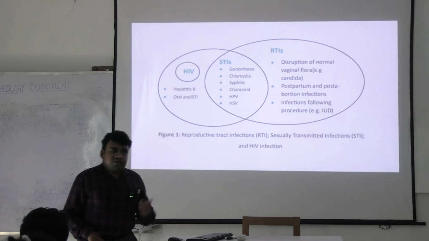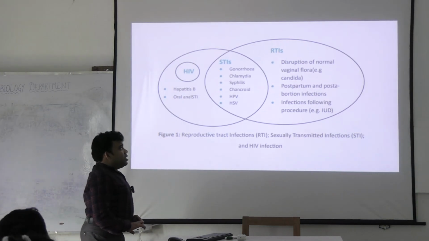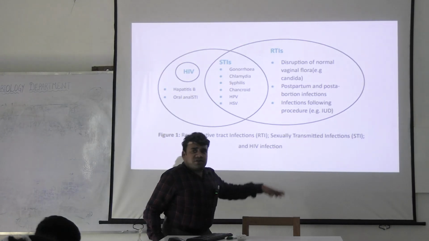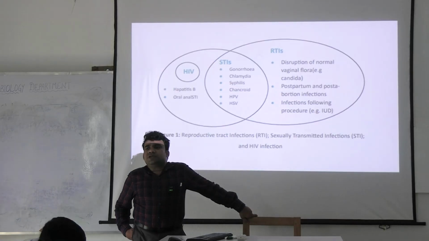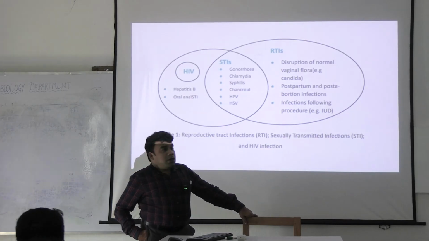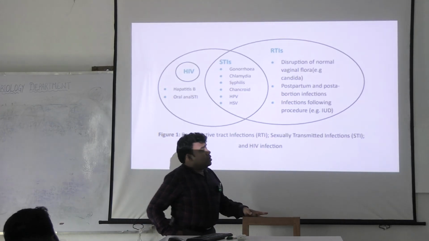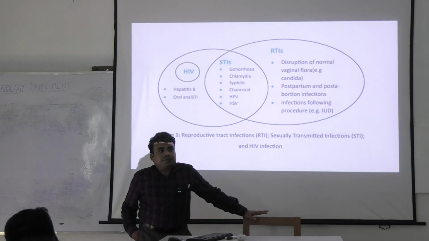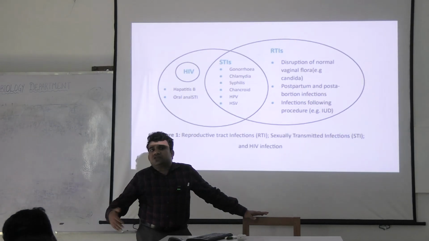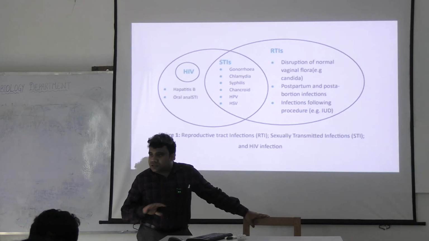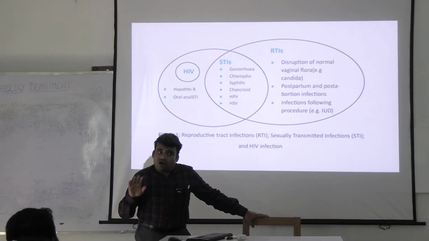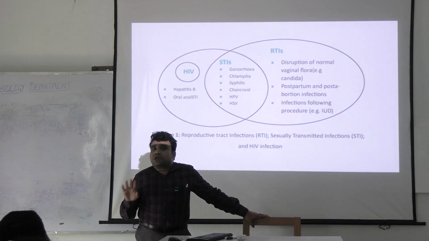Now look at this graph. On this graph you can see there are reproductive tract infections, which may or may not be sexually transmitted infections. For example, look at the example given over here: postpartum infections. Postpartum means infections of the female genital tract after childbirth. Now these infections are not transmitted sexually. However, they will affect reproductive tract organs.